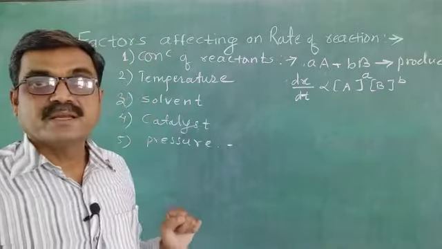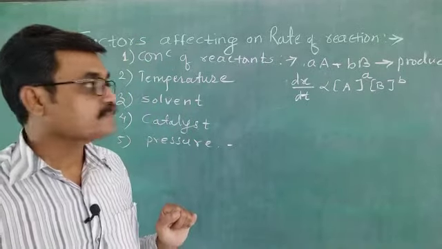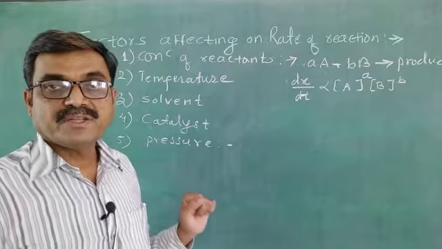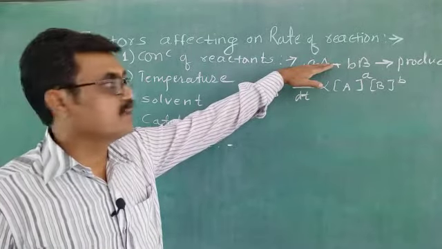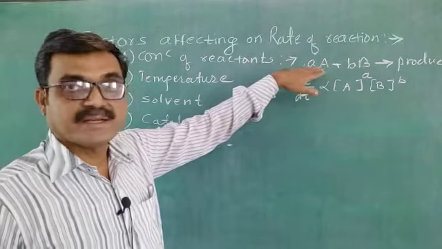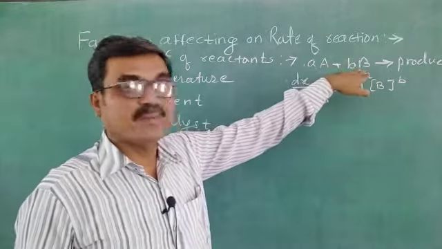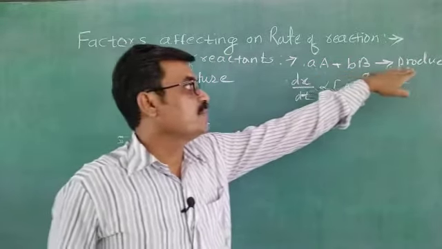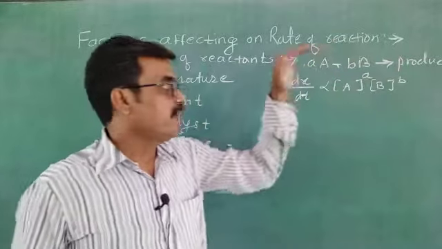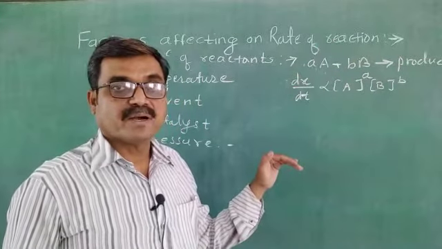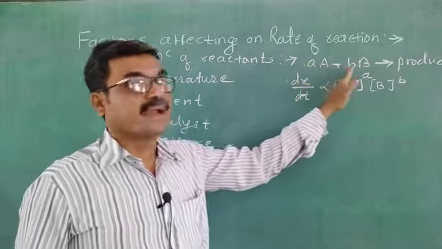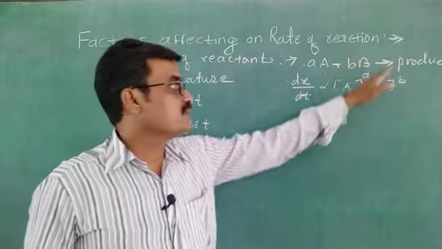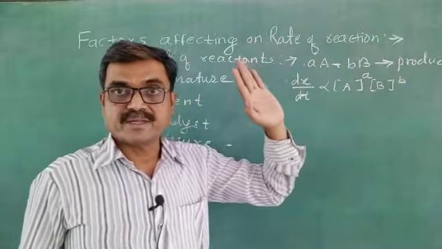Now from this it is clear that initially, before the reaction, the concentration of reactant is there, small a and small b moles of reactants, and the product is 0. As the reaction starts, what happens? The concentration of the reactant goes on decreasing and the concentration of product goes on increasing.